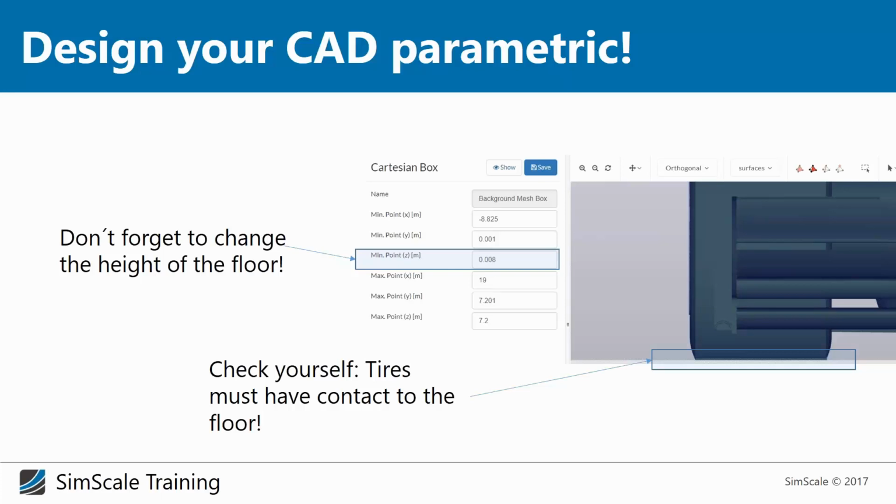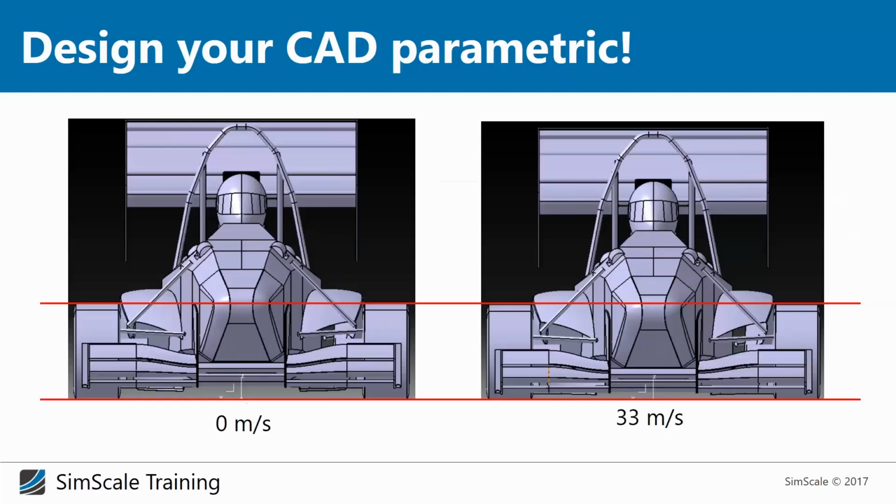And therefore, I will show you another method of doing this parametrically and of giving you the relative motion between the chassis and the ground. And this is by just mounting the tires fixed to the ground and moving all the aero parts and the chassis and the radiators and so on.